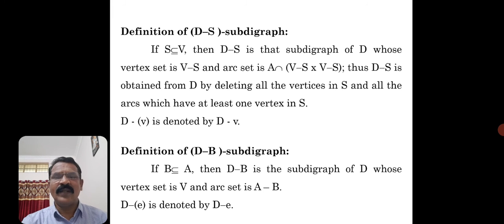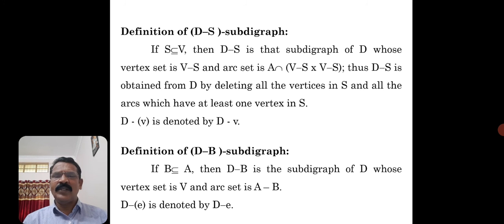That will be the vertex set of the new digraph D minus S. And also all the arcs which have at least one vertex in S. If you simplify the set theoretic ideas, you will get the arcs which have at least one vertex in S. An arc is nothing but an ordered pair. So in that ordered pair, one vertex must be in S. So this is another digraph which is called the D minus S subdigraph.